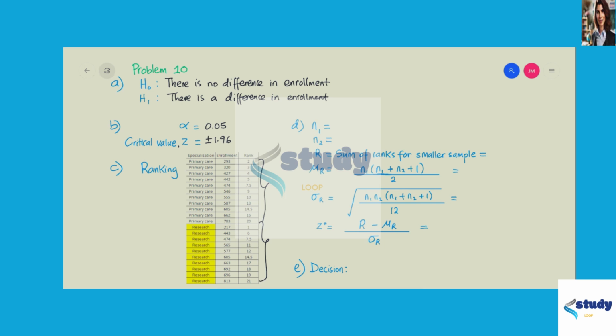And now, after getting the ranks, we can calculate the value of z. But first, we need to determine which of these two samples will give us the value of n1.